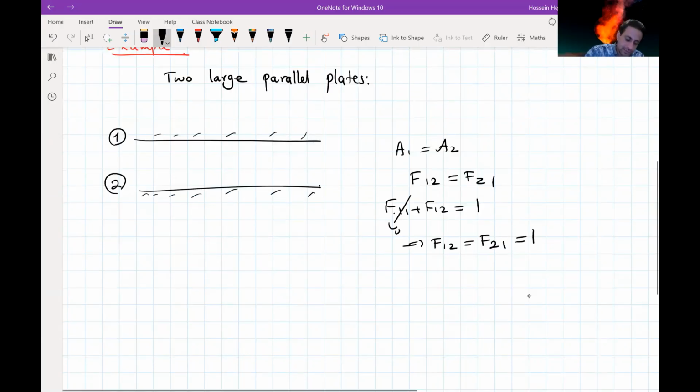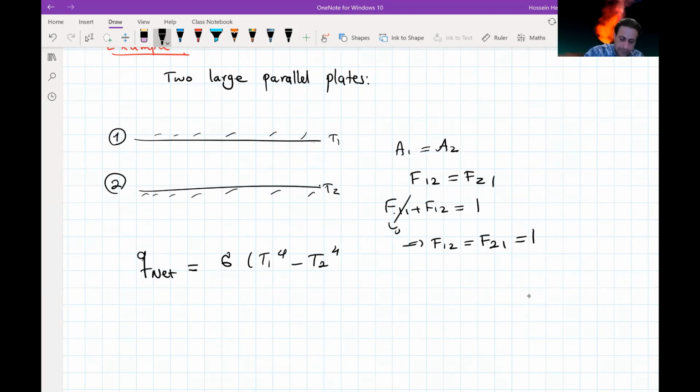And Q net between the two would be sigma, let's say this is T1 and T2, T1 to the power of 4 minus T2 to the power of 4, divided by (1 minus epsilon 1) over epsilon 1 A1, plus 1 over A1 F12, plus (1 minus epsilon 2) over epsilon 2 A2.